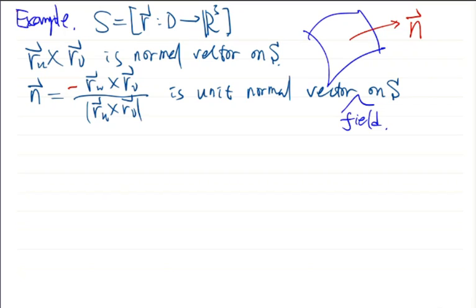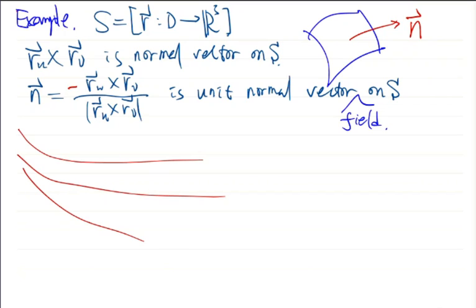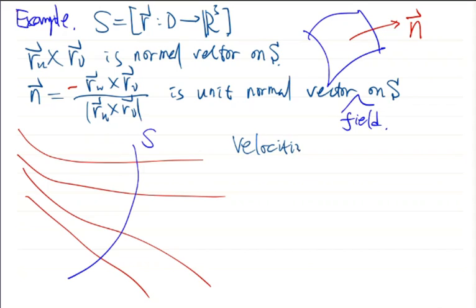Now, suppose we have a flow, for example, a river, and we have a surface S here, and the velocity of the flow is v, a vector field. At every point on the flow, you have a velocity.